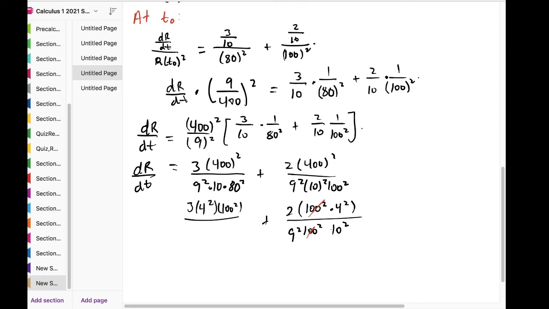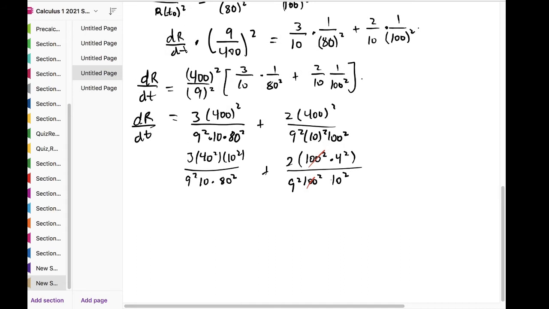Oh, I can do that, actually, not 100. 40 squared times 10 squared. So that gets rid of the 10s. And then this is 2 squared times 40 squared. So I can get rid of the 40s.